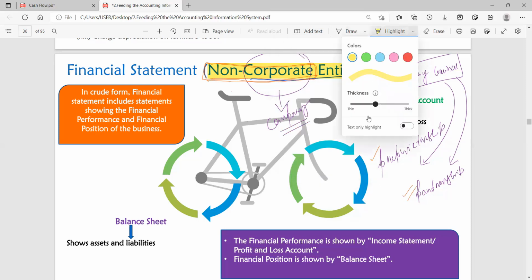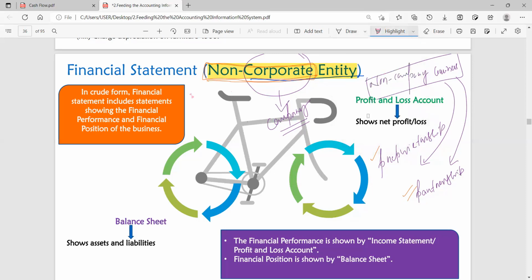Now understand that when we look at the financial statement of a smaller business, they are generally interested in knowing their financial performance, which we otherwise call profitability.